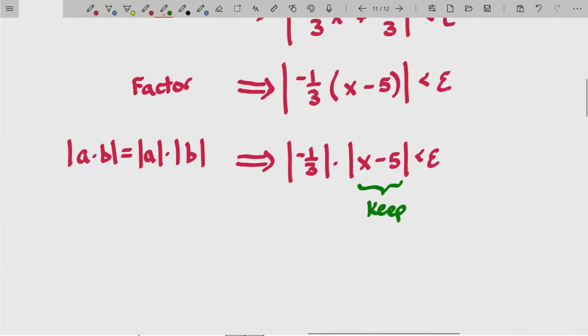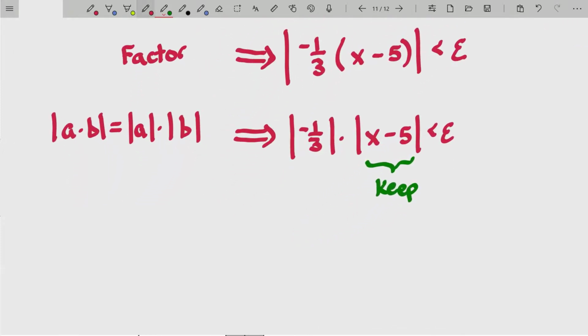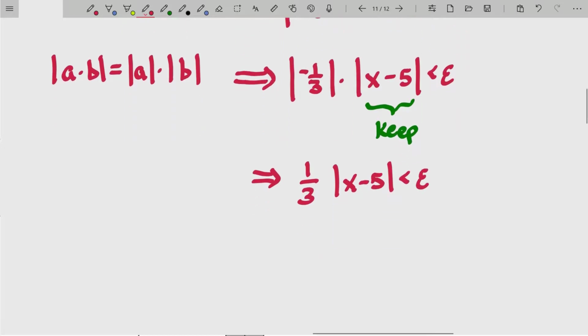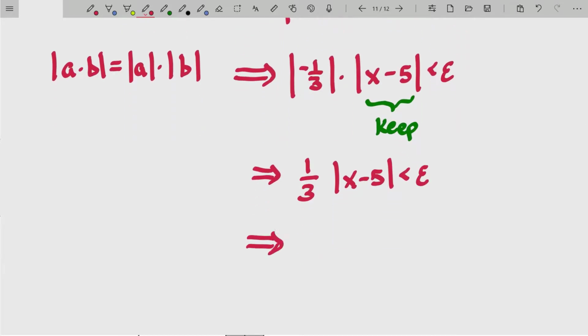So we need to get that 1/3 to the other side. Luckily, it's an absolute value of it, so I'm just going to take its absolute value. Nothing big, that's just a 1/3, absolute value of x minus 5, less than epsilon, and then I'll multiply both sides by 3. And you get this beautiful 3 epsilon. They almost are mirror images of each other, aren't they?